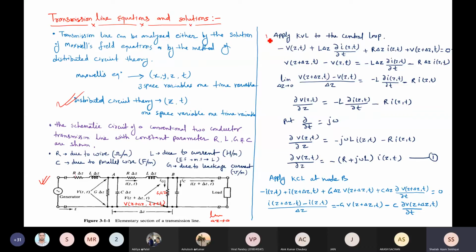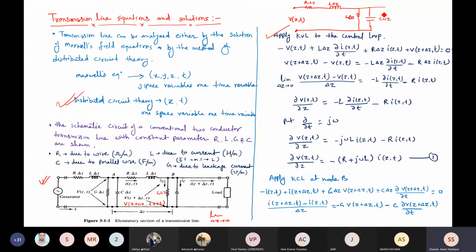So if you apply Kirchhoff's voltage law, in this loop we want to apply. There's a capacitance which is coming here, and this is the point which has V(z,T), and this is R Δz, L Δz, and we have G Δz, C Δz.